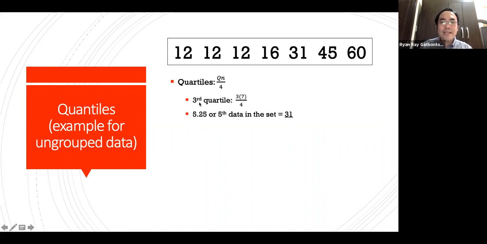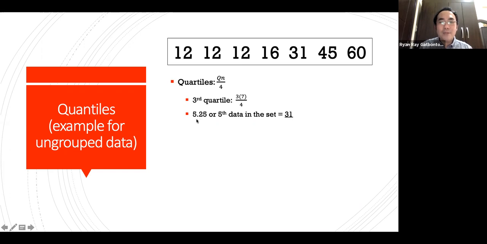Let's say we want to find the third quartile. We replace Q with 3, multiply it by the number of observations, which is 7, then divide by 4. Then we get 5.25.